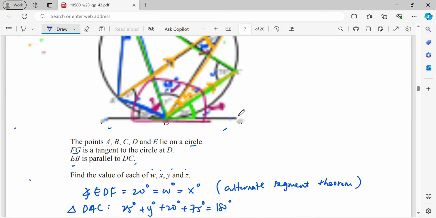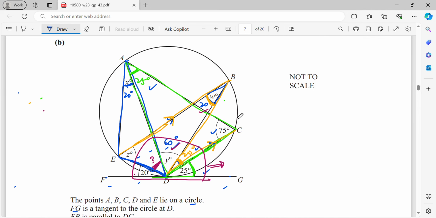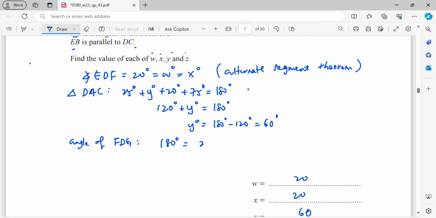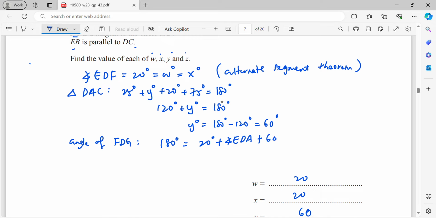So 180 degrees will be the summation of all those angles. So it will be 20, then EDA, before I get the Z. So now I will write 20 degrees plus angle EDA, then plus Y. The Y is 60 degrees, 20 degrees, 25 degrees. So 60 plus 20 plus 25.